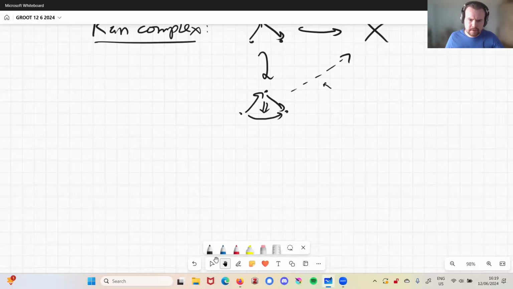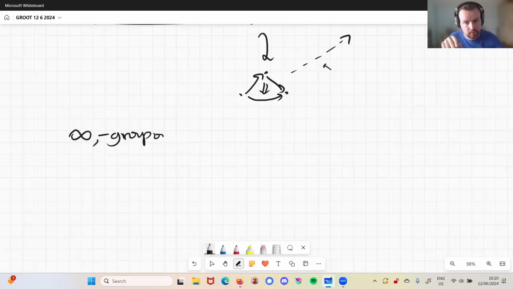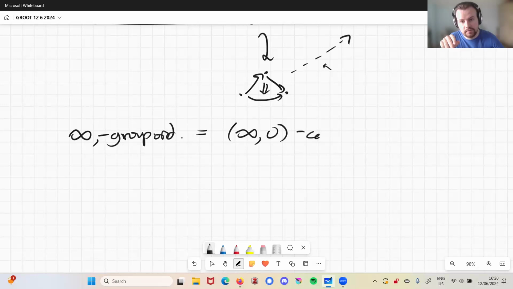So, Kahn complexes look like topological spaces. There is a statement that one can make in higher category theory, another desideratum that I might have mentioned the name of, the homotopy hypothesis. Given a topological space, we can obtain a particular higher category, what we might call an infinity groupoid, which is to say an infinity zero category.